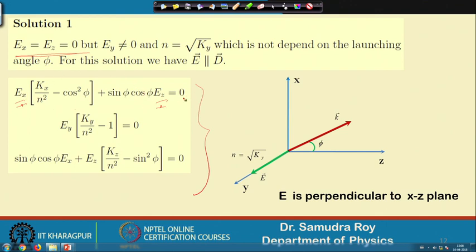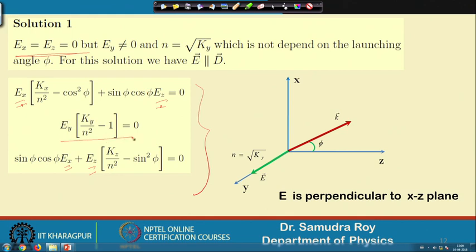So, the right hand side is 0, the left hand side is 0, no problem with that. Here also, in this equation, if I put E x equal to 0 and E z equal to 0, the left hand side is 0, which equals the right hand side. So, these two equations are satisfied with the solution E x equal to 0 and E z equal to 0.